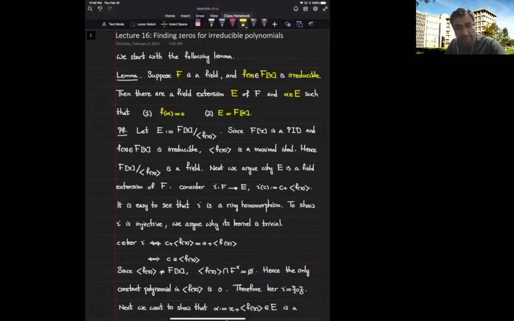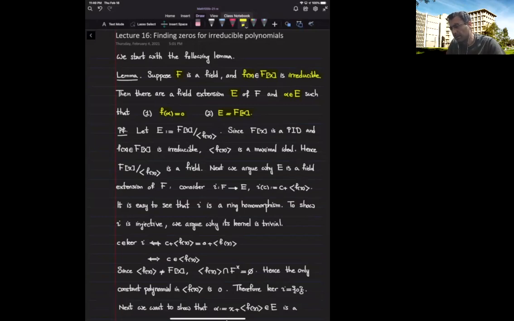So E is F[alpha], and f(alpha) equals 0. We are seeking a field extension E of F such that E is generated by alpha, where alpha is a zero of the polynomial f.